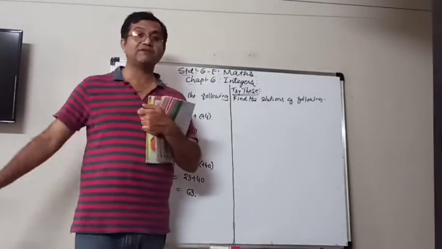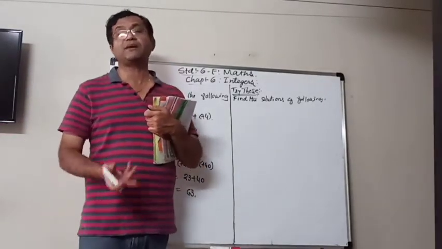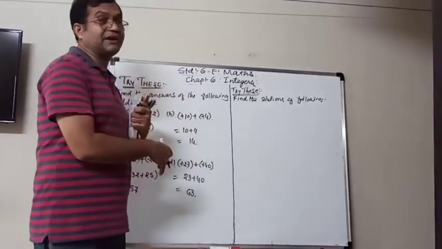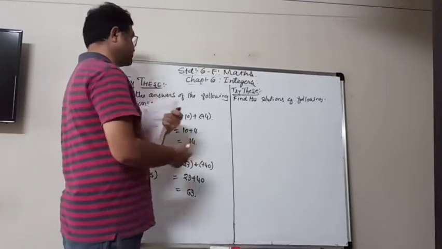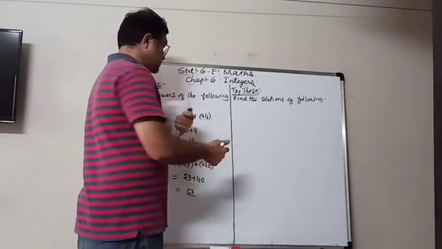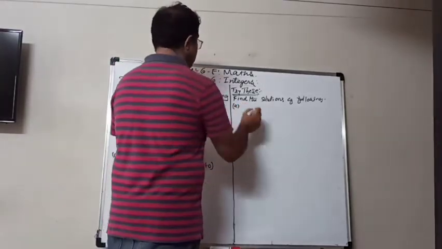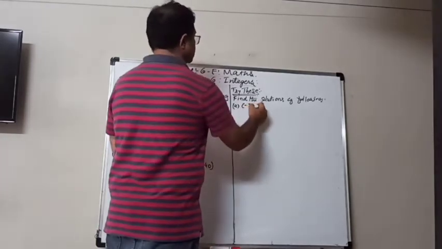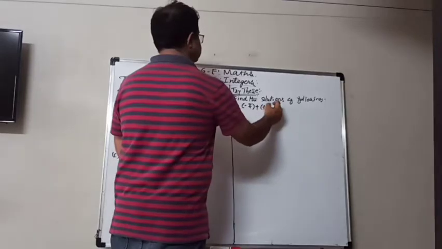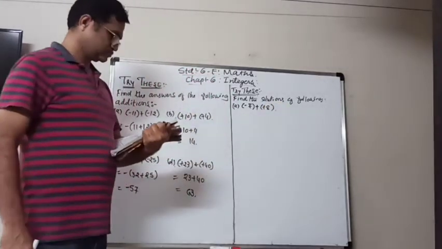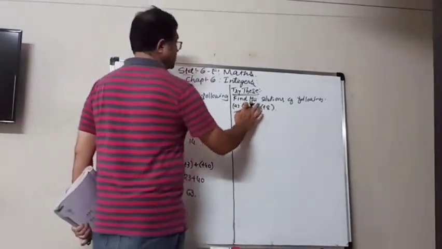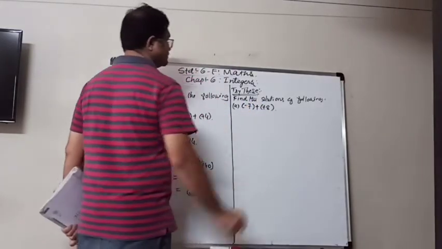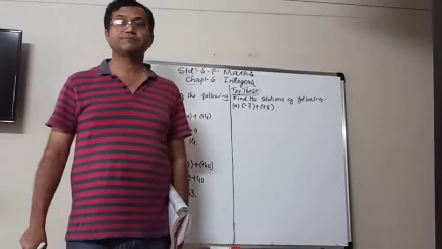So maybe now one of them can be positive and the other negative, or the first will be negative and the other positive. Minus 7 plus 8. So here you can see that one is a negative number, one is a positive number.